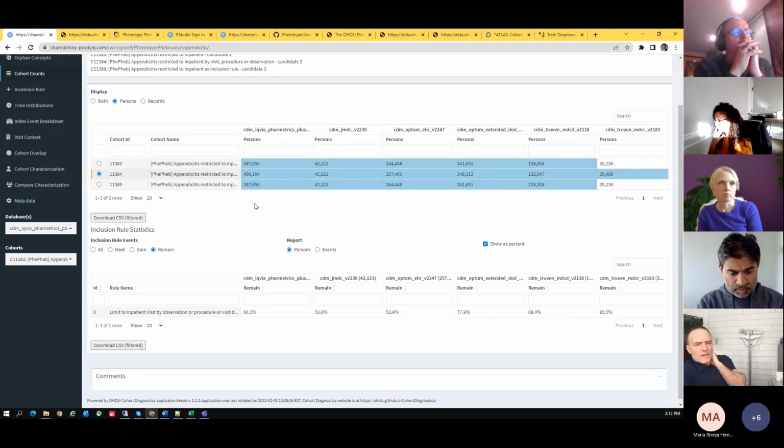Yeah, so we use the same. Go ahead. Yeah. So your comment, Evan, is not clinical, but more about data capture, and you're saying that there are people who are truly having appendicitis, receiving care in a hospital setting, but our data source is not capturing them under the visit of inpatient or ER.